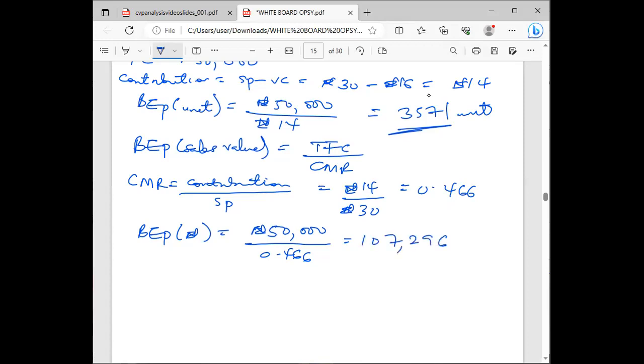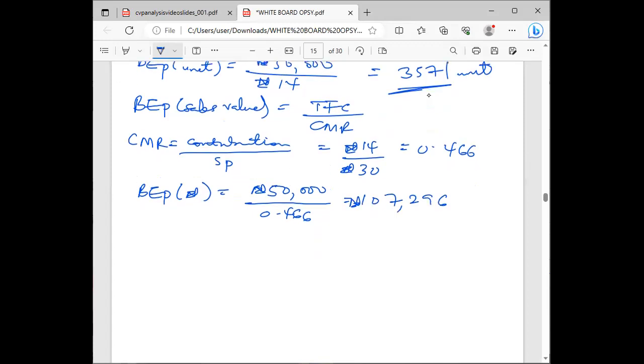Another way we can calculate this is to say that our BEP in units multiplied by the selling price. Please do that. What will it give you?